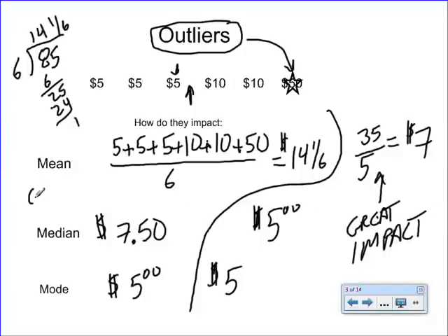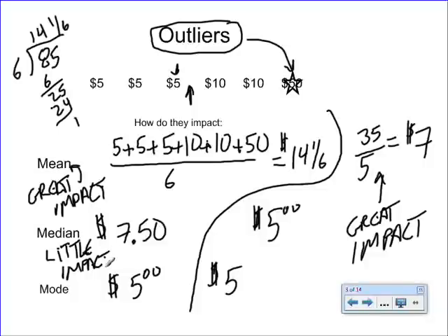There's very little impact on the median. Might shift it one way or another, and I could go so far as to say there's no impact on the mode. The mode is just counting. An outlier is going to be out on the edge. Okay, so there's that piece.